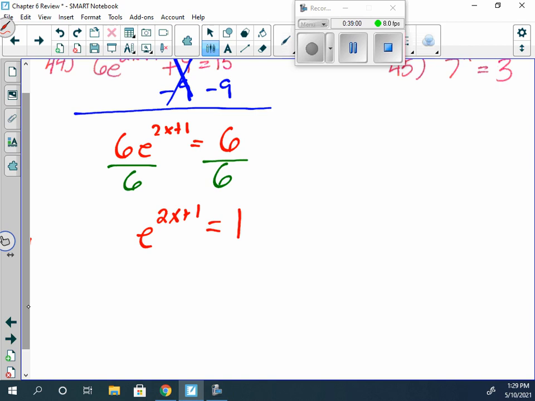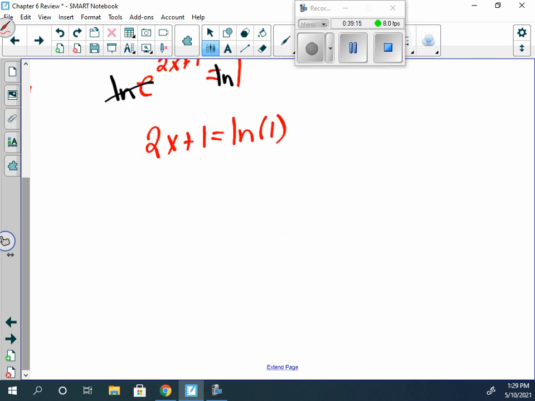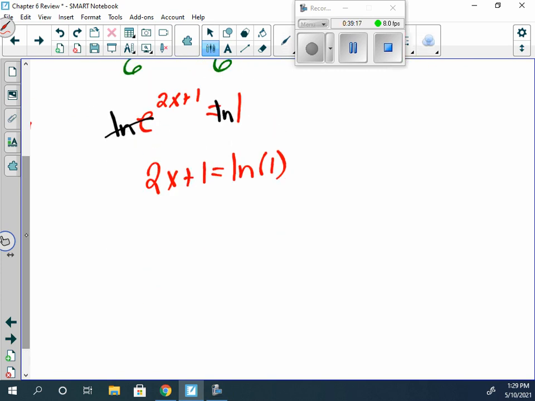So at this point, we can apply the natural log to both sides, because these will cancel, telling me that 2x plus 1 is equal to the natural log of 1. And now we just need to solve for the value of x. The first thing we can do is subtract 1 from both sides.